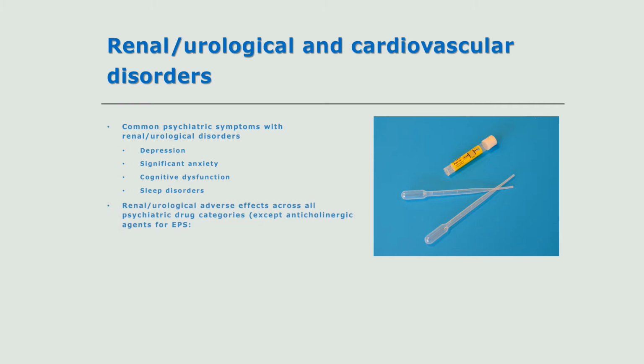Except for anticholinergic agents for the EPS like benztropine and trihexyphenidyl, whose renal and urological adverse effects are urinary retention and urinary hesitation, all the other categories of psychiatric drugs, that is, mood stabilizers, antipsychotics, and antidepressants, including serotonin norepinephrine reuptake inhibitors, tricyclic antidepressants, and selective serotonin reuptake inhibitors, have three common renal and urological adverse effects.